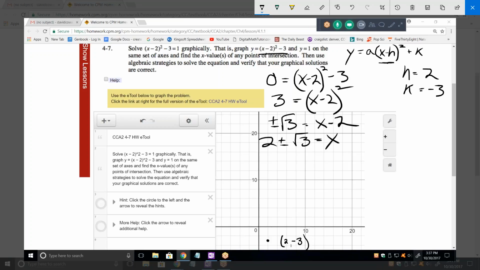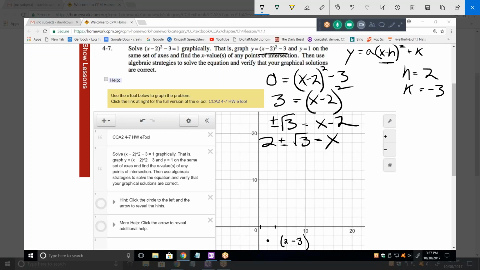Okay, the square root of 3 is about 1.7. So if I take 2 plus 1.7, that's 3.7, which is about right there. And if I take 2 minus 1.7, I get 0.3. If that's 1, that's about 0.3.